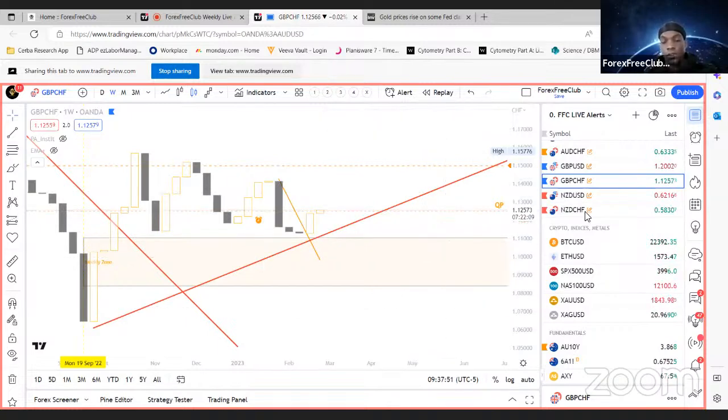All right, so yeah, we'll just look at those. I believe NZD USD was also the last one.